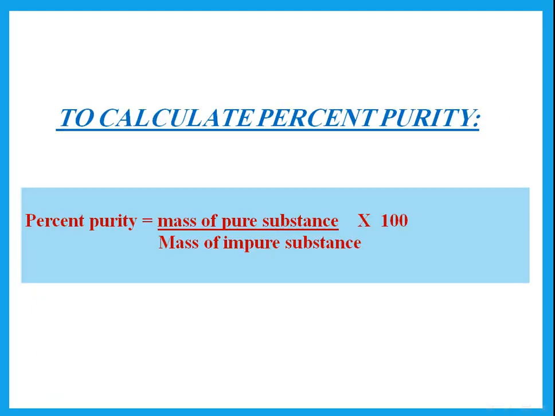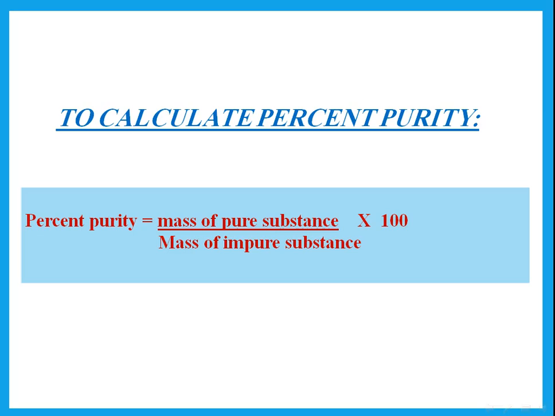Okay, another thing that you could be asked to calculate is the percent purity. What do we mean by percent purity? The percent purity is the mass of a pure substance divided by the mass of the impure substance times 100. What does that mean? So if I say that I have, for example, calcium carbonate solid.